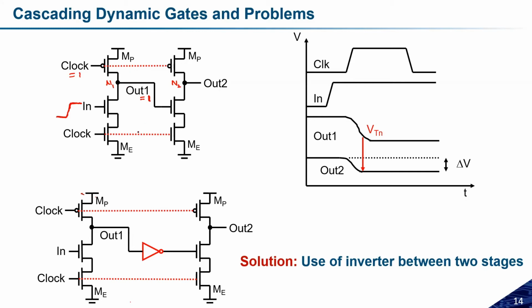So if I have changed the input from 0 to 1, initially this output is at logic 1, because I have pre-charged this dynamic node. Okay, so this is at logic 1, and what does cascading mean? The output of the first dynamic node should be treated as an input of the second one. I have provided some input, and to get the output there will be some delay.